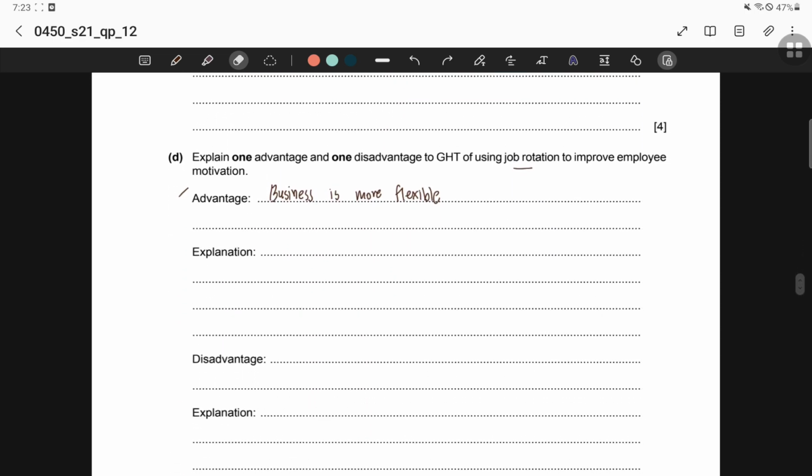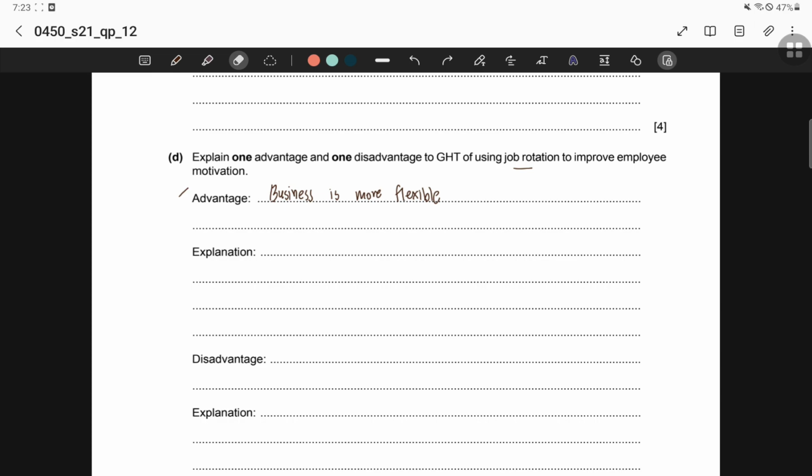Okay, so explain one advantage and one disadvantage to GHD of using job rotation to improve employee motivation. Job rotation is basically rotating around employees in different tasks. Basically, not every employee will be stuck to one task. This will prevent employees from getting bored or demotivated with the same repetitive routine in work.